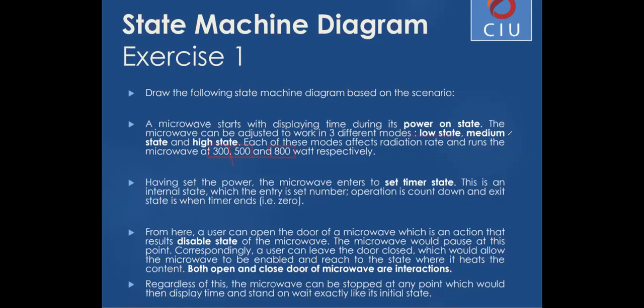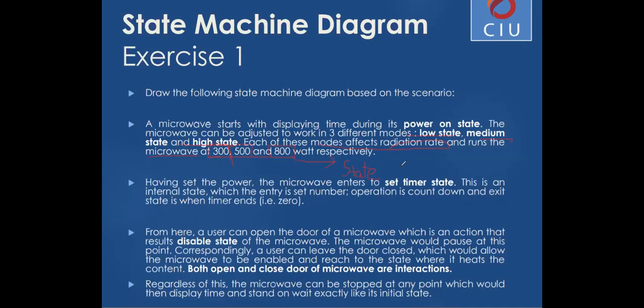So low state, medium state, and high state each affect the radiation rate and run the microwave. Because no exit or entry is given, these are only going to be states. They are not going to be internal states, because an exit or an entry condition is not given to us. That is why they are just states.